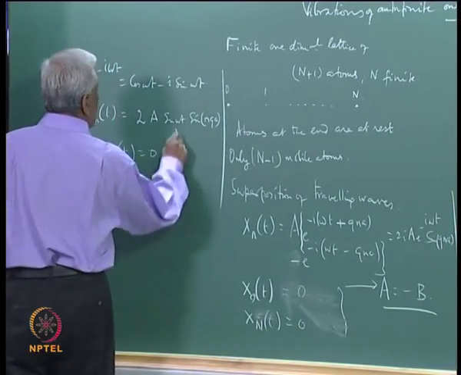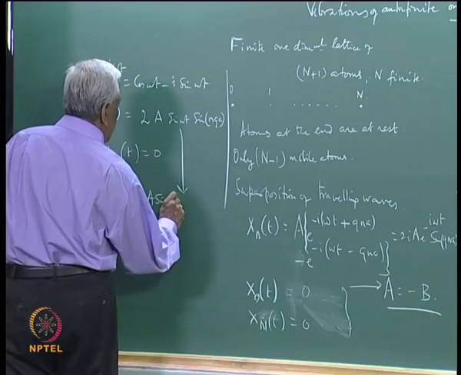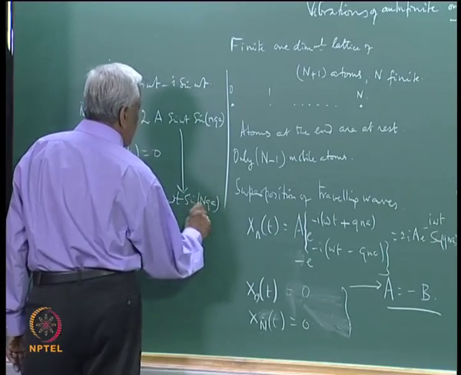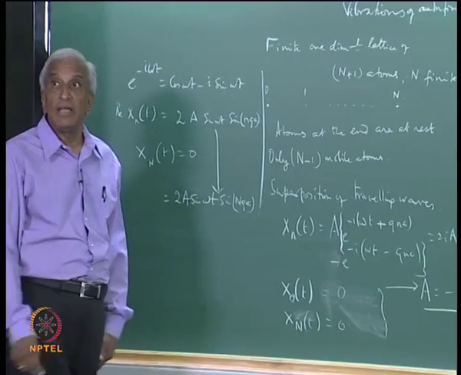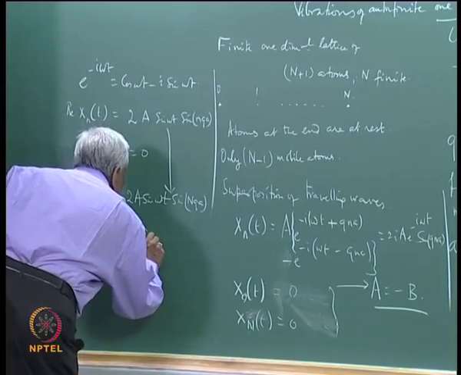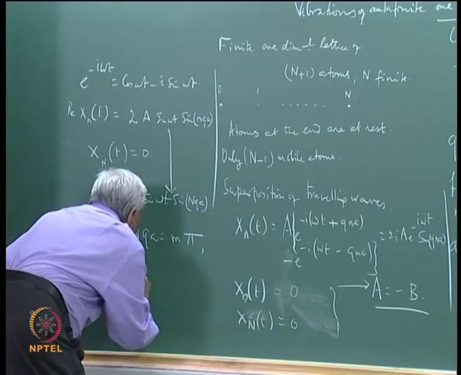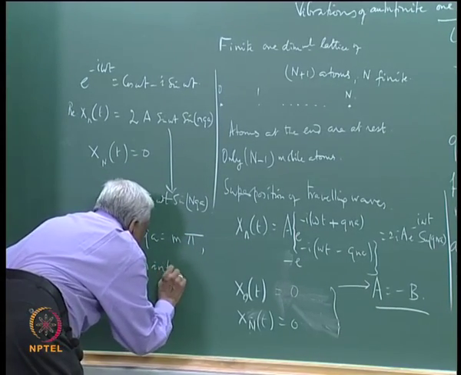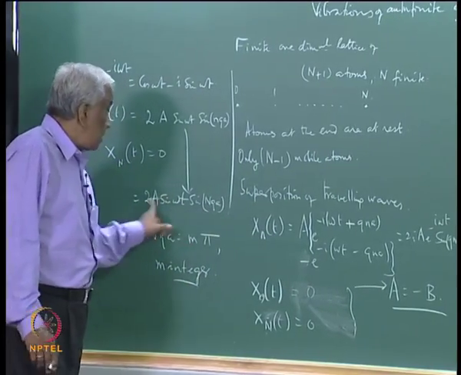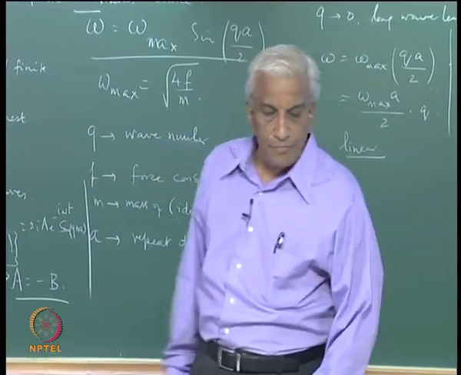When I substitute this, this becomes 2a sin omega t sin n q a, and that is equal to 0, giving immediately n q a equal to m pi, where m is an integer. So, the allowed modes corresponding to different q values are restricted by this second boundary condition.